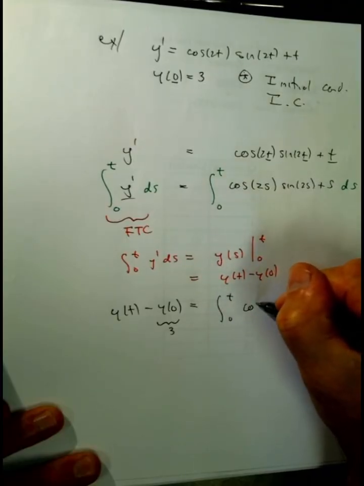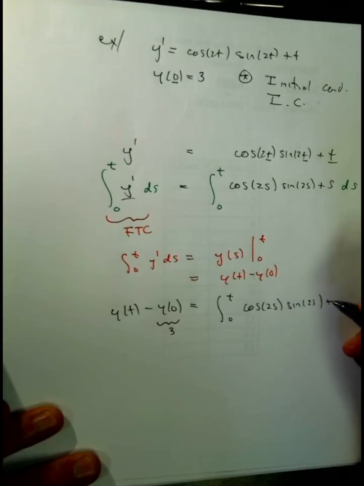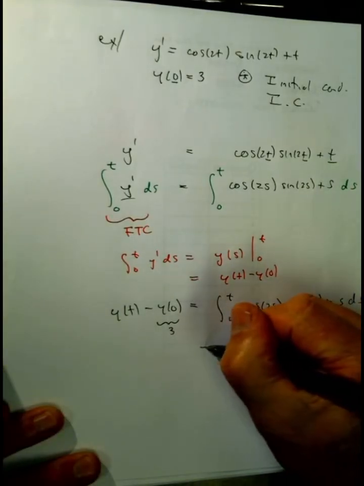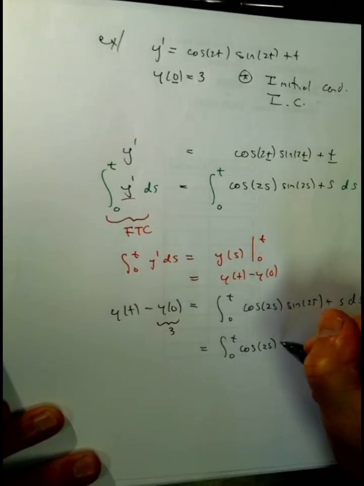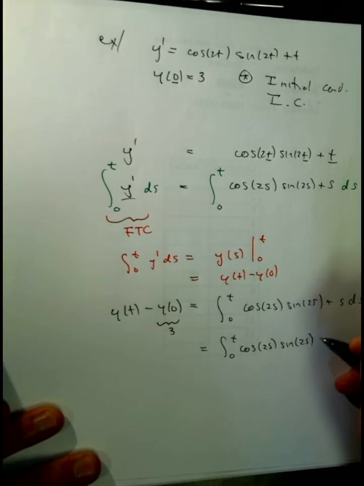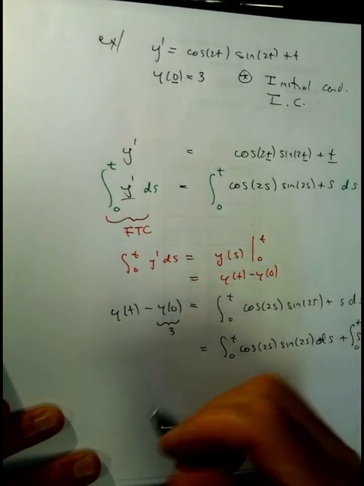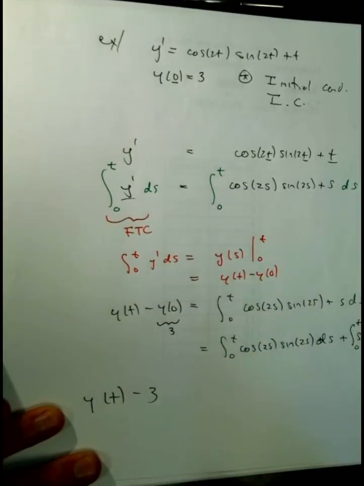The right-hand side, this should be a 2s, is the integral of cosine 2s times sine of 2s plus s. And I'm going to break this up into two pieces so that I can deal with each piece separately. So the integral of the cosine sine plus the integral of s ds, and both of those are from 0 to t. So now this becomes y of t minus 3.